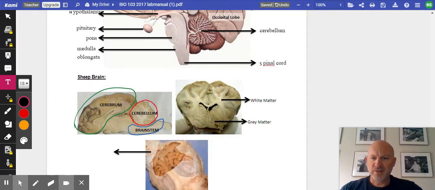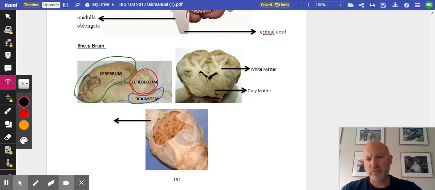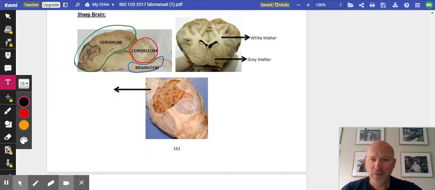All right. So if we look at the sheep brain, which we would be able to, you could very easily see the cerebrum at the top, the cerebellum, and then the brain stem. You would also be able to see that there's this tissue that surrounds the entire brain.